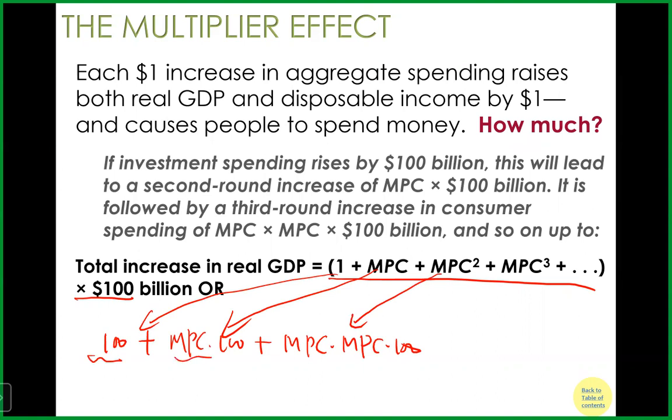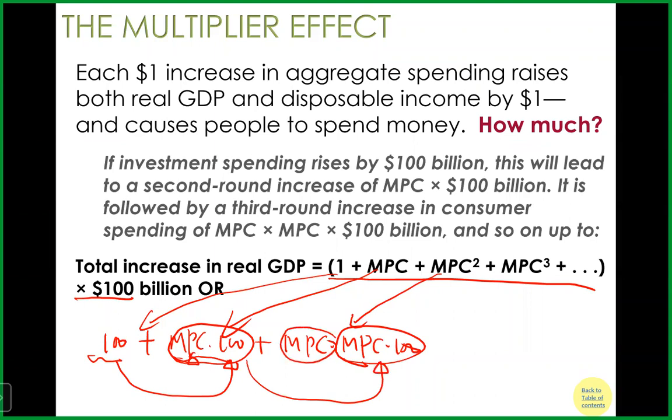This is the second round, right? So this spending becomes the income, and then people spend a fraction. Now third, this entire thing becomes income, and then they spend a fraction. And this process keeps moving. Does it make sense? Okay.